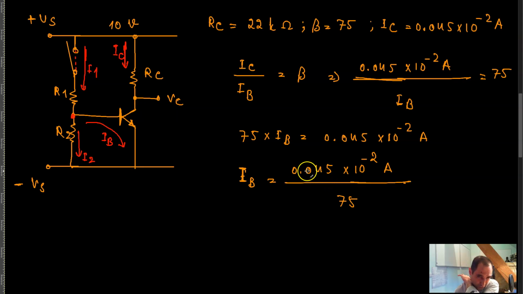Well, 75 is the same thing as 5 times 15, if I'm not mistaken. And 45 is 9 times 4. So if I divide this by 5, I'll get a 15 here. Divided by 5, I will get a 9. So that would be 0.009.